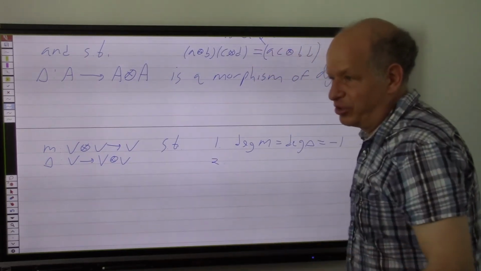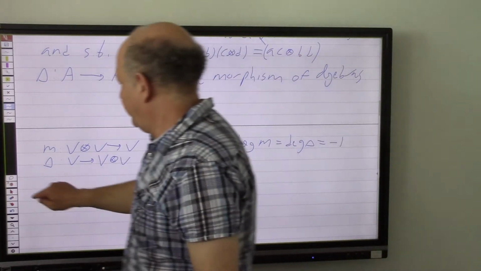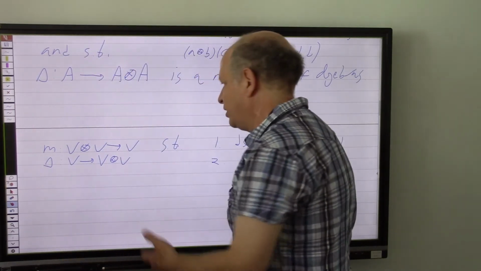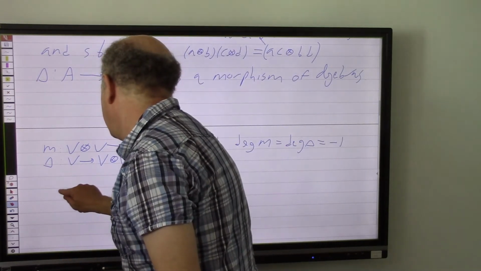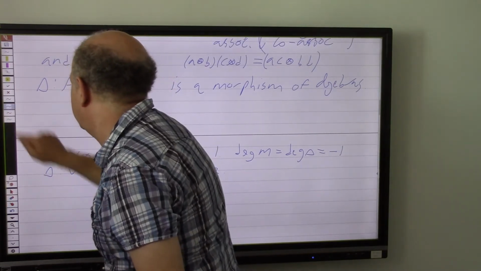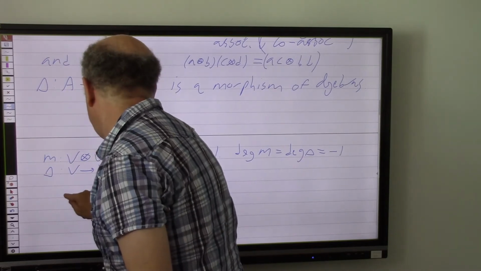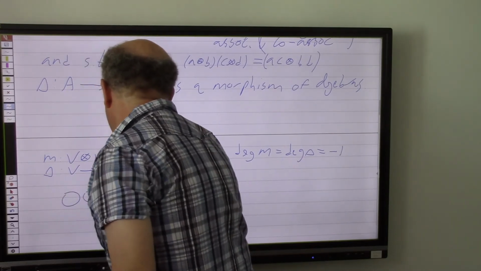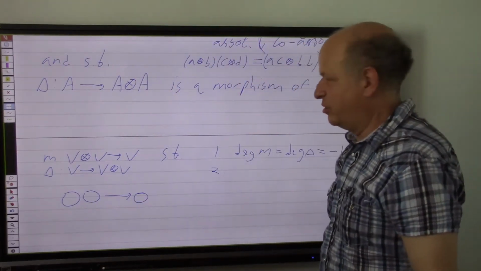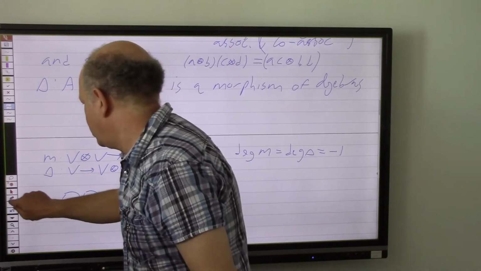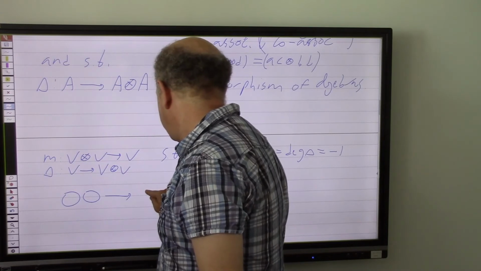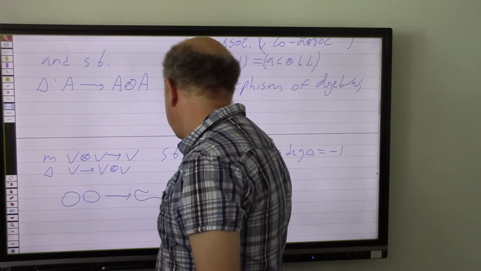Okay, we need more conditions. The next conditions are a bit obvious. Again, M, in the world of diagrams, corresponded to this operation, or if I wanted to write it more suggestively, this operation.